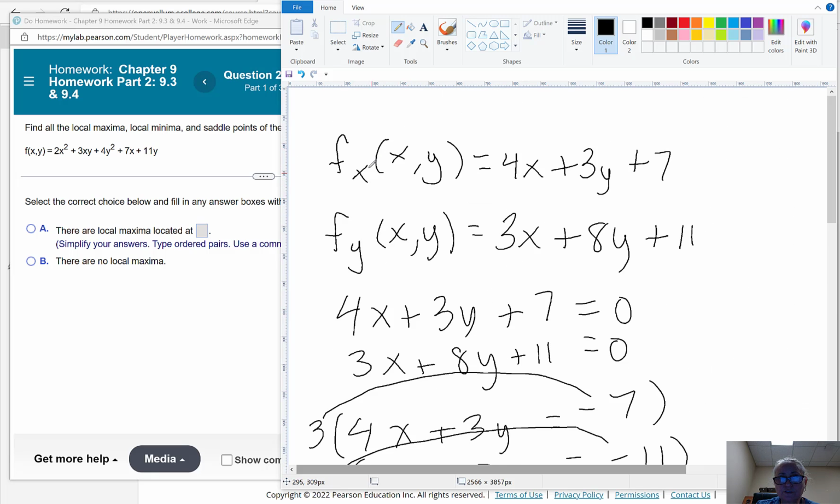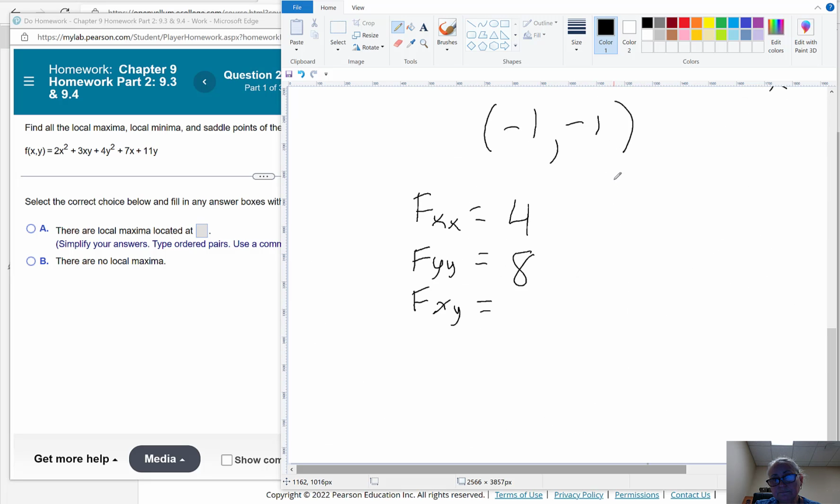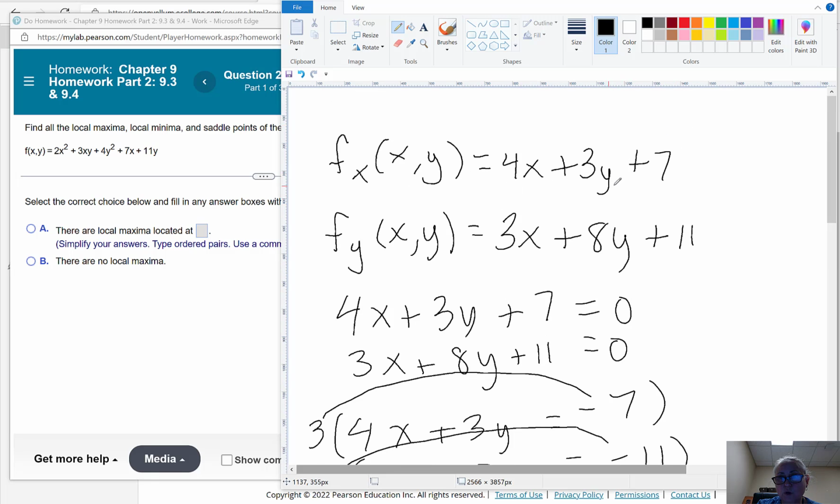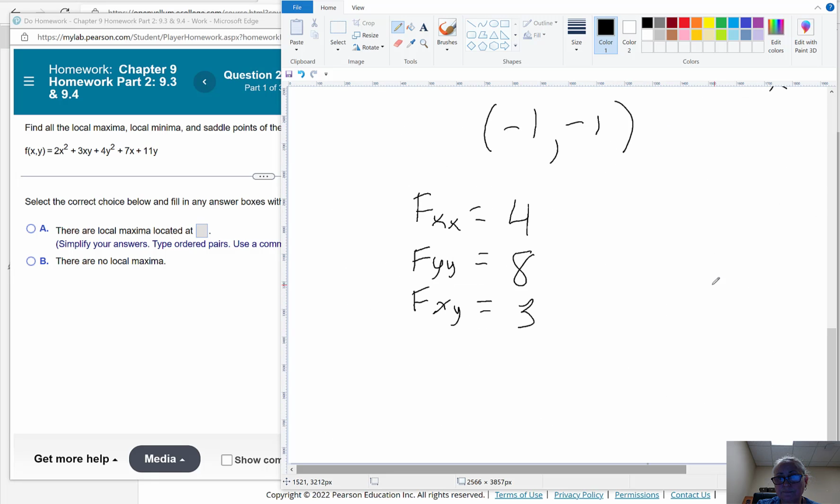And then if we go back to the first order partial derivative with respect to x and take it with respect to y, we get 3, right? Because we've taken it once, and now we're going to take it again with respect to y. So we look at the y, and its derivative is 3.